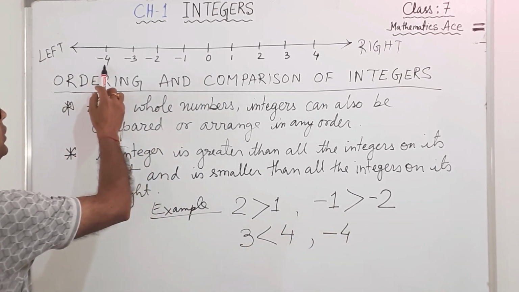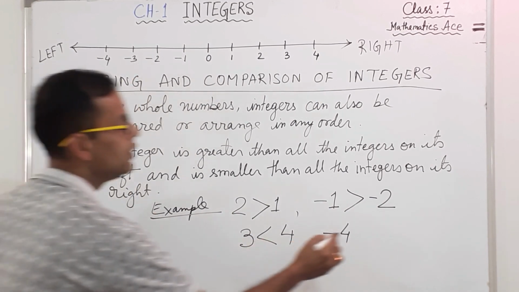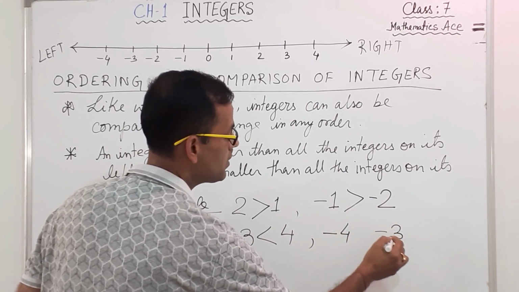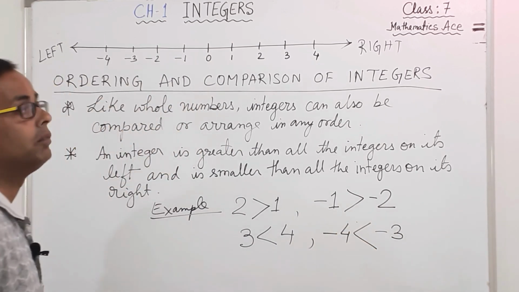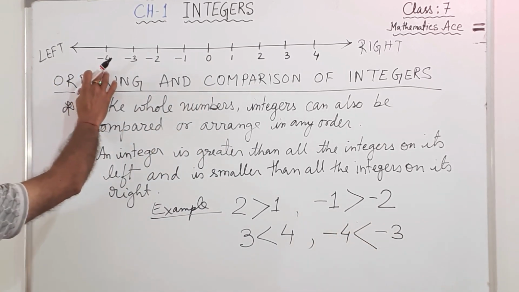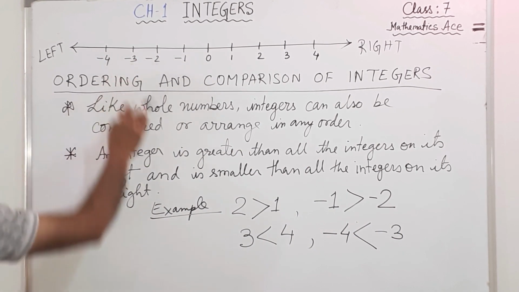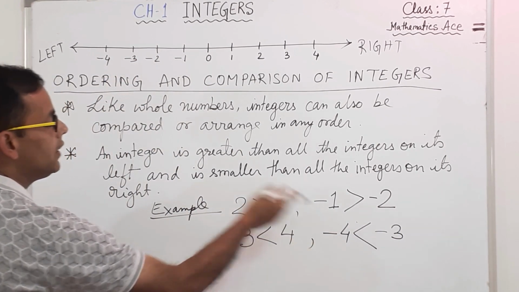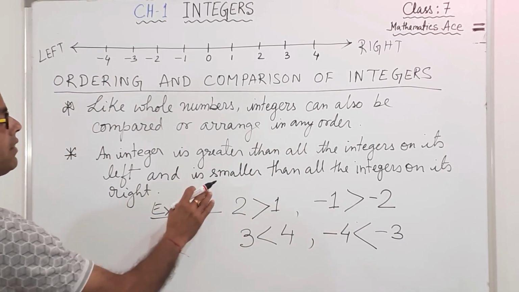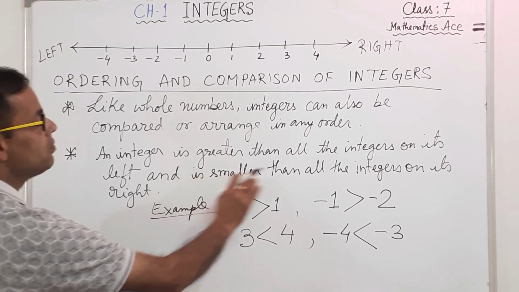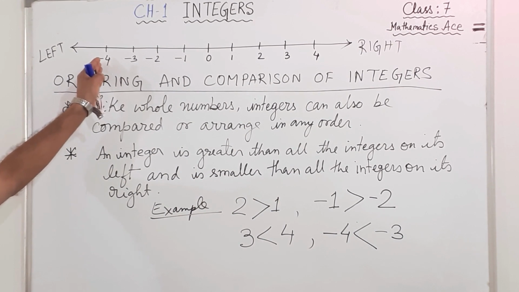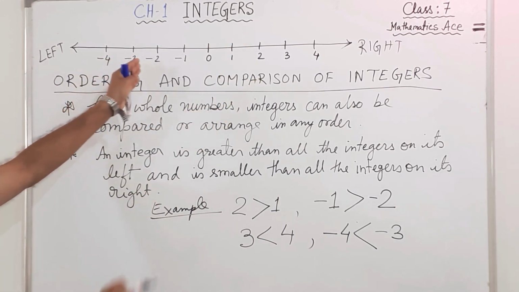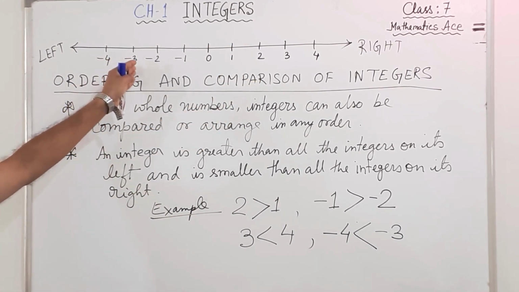Minus 4, then the right side is minus 3. Minus 4 is smaller than minus 3, because minus 3 is on the right side. An integer is smaller than all the integers on its right, so minus 4 is smaller than minus 3.